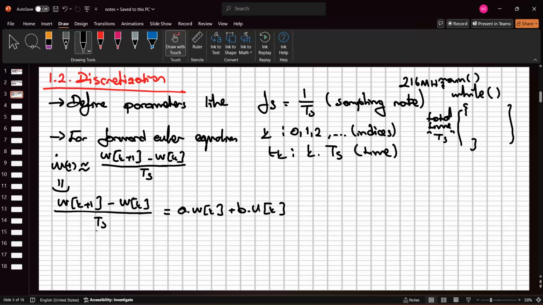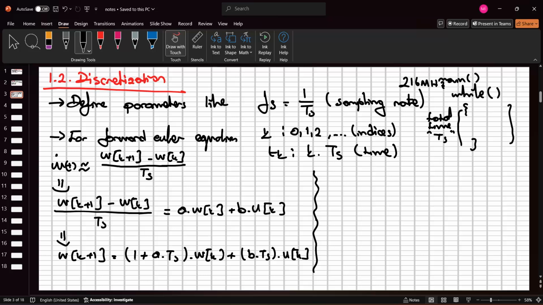Okay, and so in a simple way we have w(k+1) equal to (1 plus A Ts) times w(k) plus B Ts times u(k). Okay, this is the general equation for the discrete process, so each step can be performed separately from the previous one.